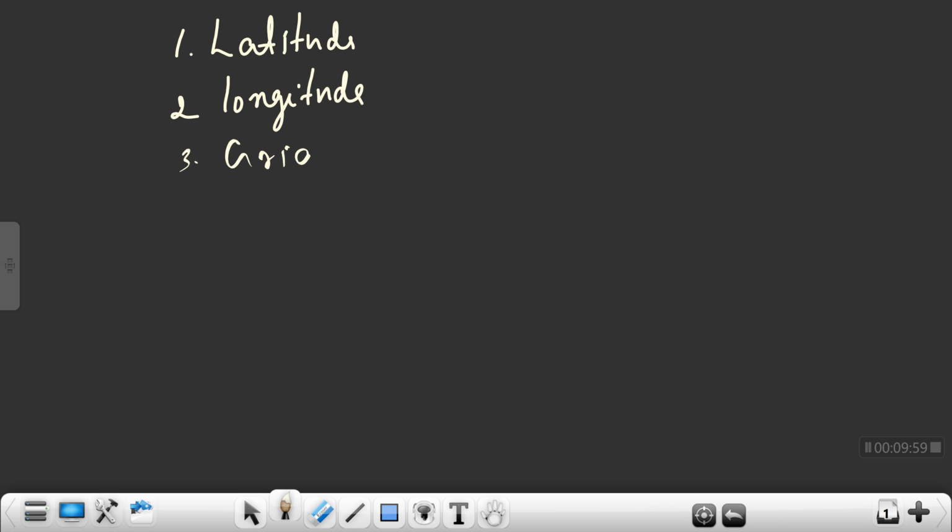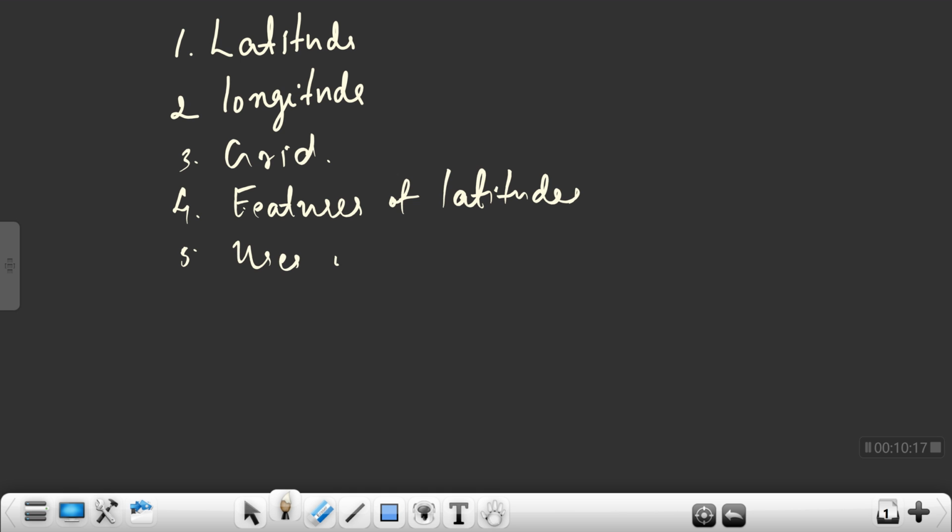Third, what is grid? Fourth one, features of latitude lines. Fifth one, uses of latitude.